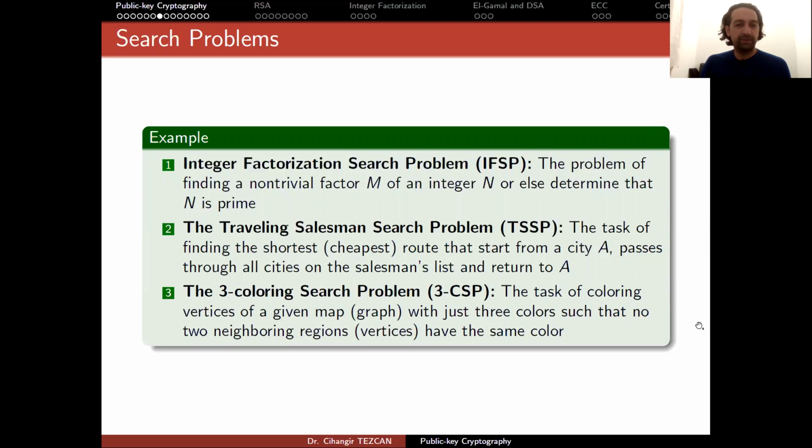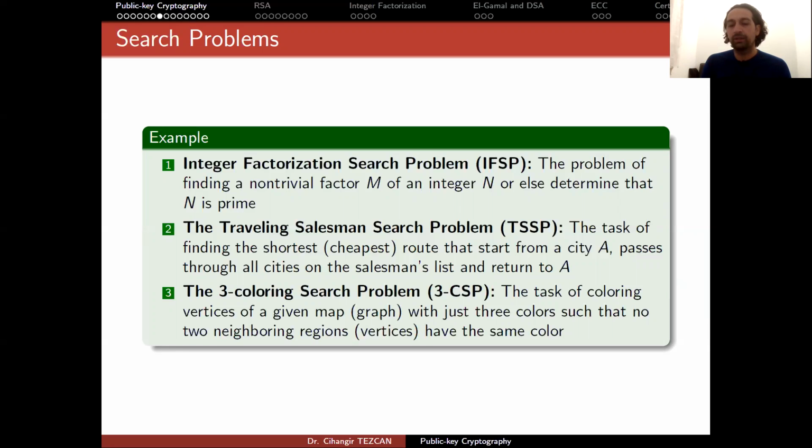Another problem is the 3-coloring search problem. Assume that you are given a map and there are some cities which have borders with each other. When you are given such a map, you are asked to color every city with a color. The question is, can you color the whole map using only 3 colors, such that none of the neighboring cities would have the same color?